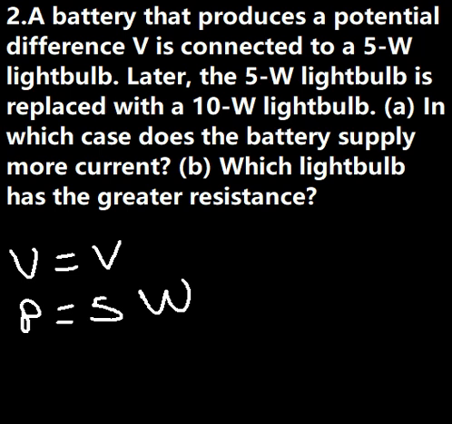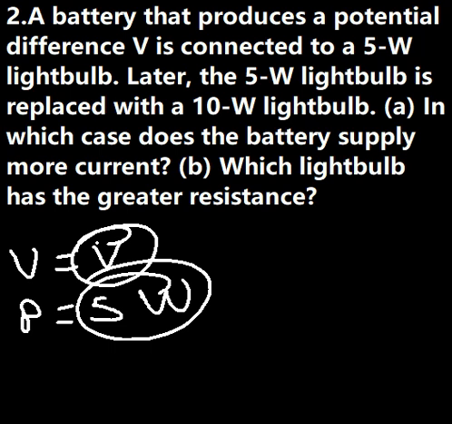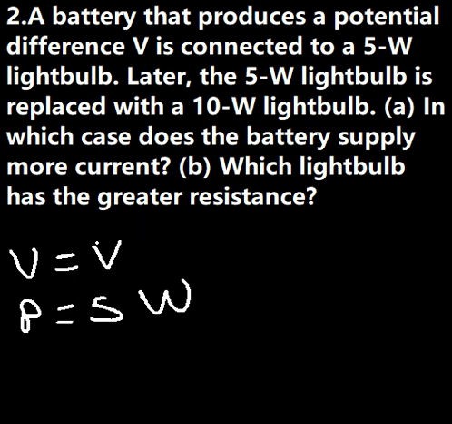Later the 5 watt light bulb is replaced with now a 10 watt light bulb. So by the way, we have the voltage as well as the power. What is the current for this case? Let's say this is the initial power.